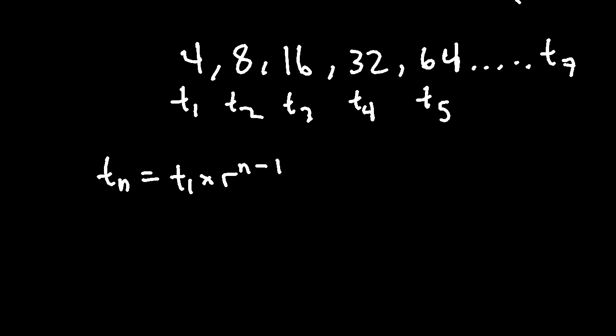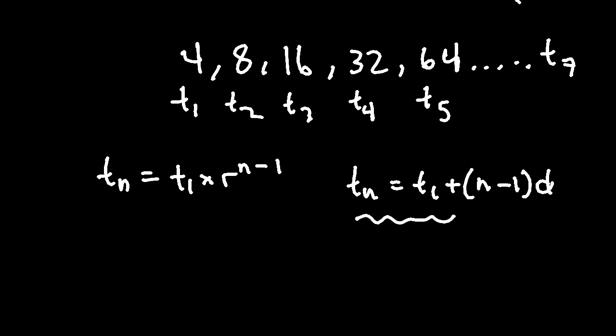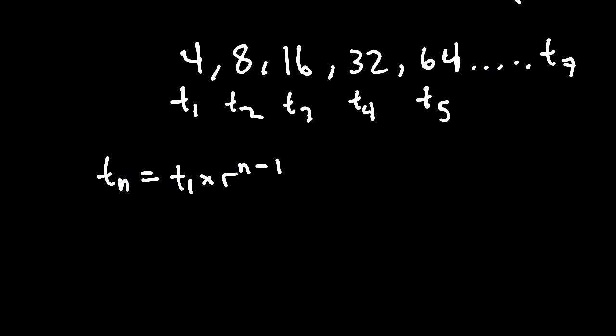This is basically the equivalent of Tn equals T1 plus (n minus 1) times the common difference, which is the arithmetic sequence formula. So we can use it to find the 7th term of this sequence.